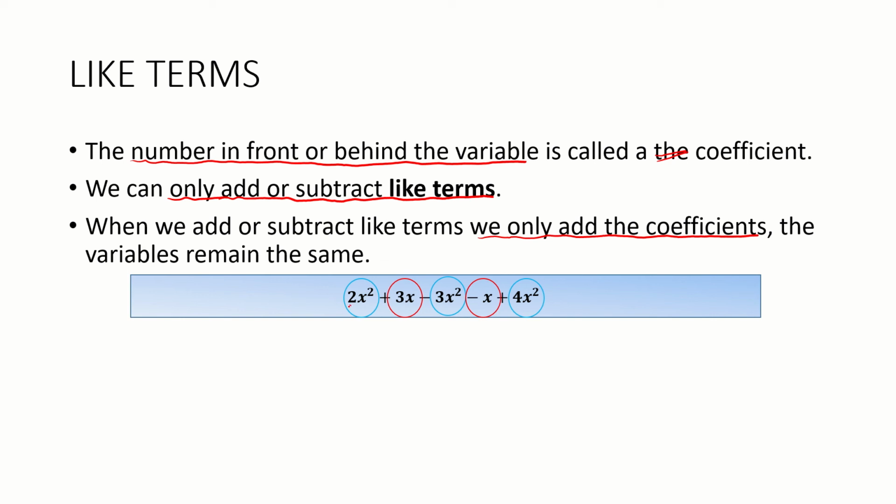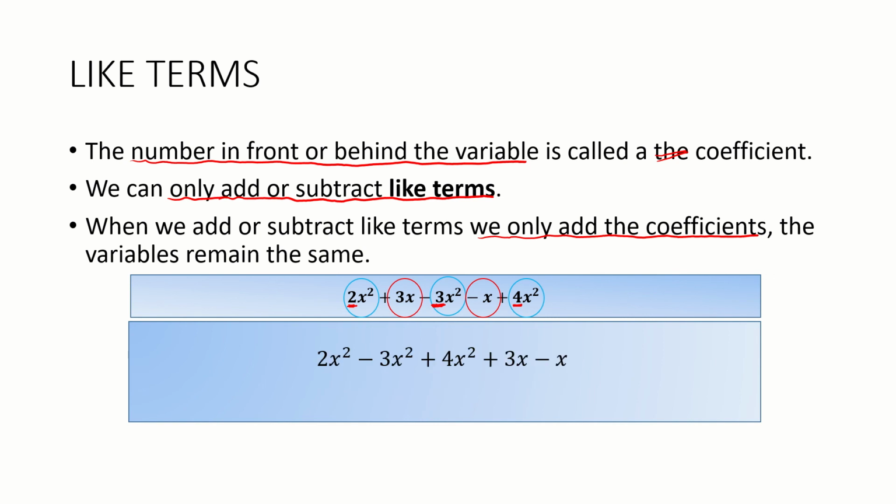We're going to take 2 minus 3, because this coefficient is negative, it's minus 3, and then you're going to add 4. And you keep x squared as it is. So what is 2 minus 3 plus 4?